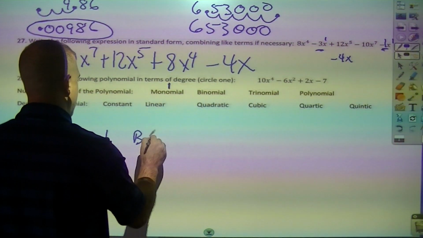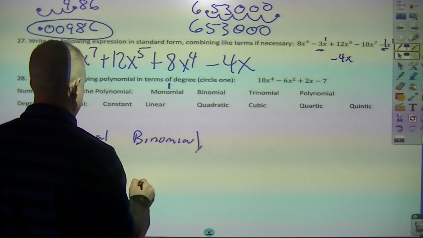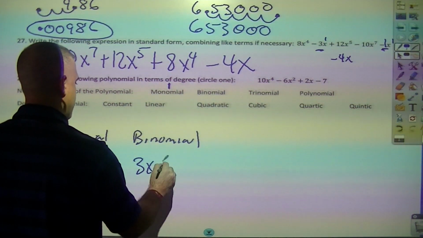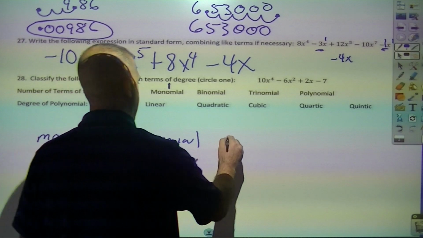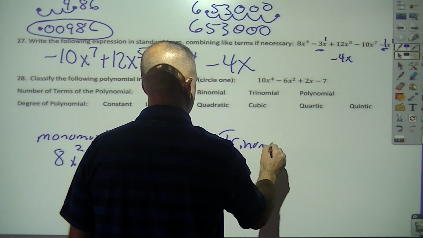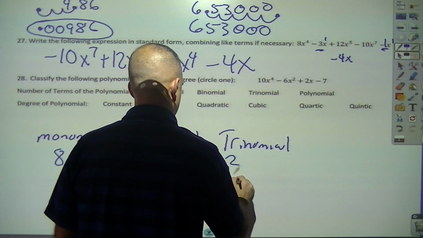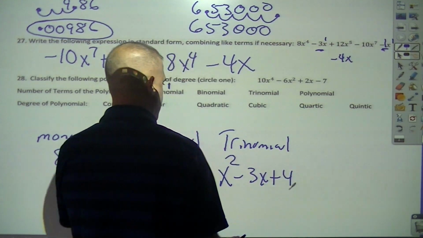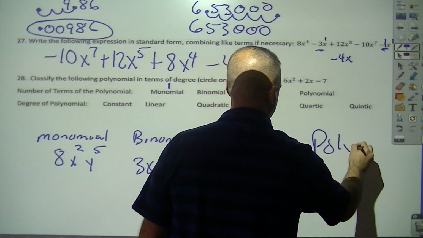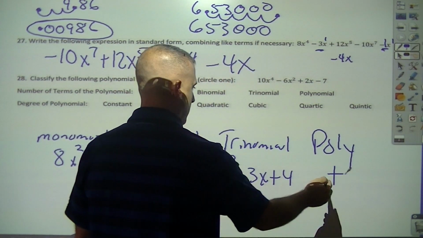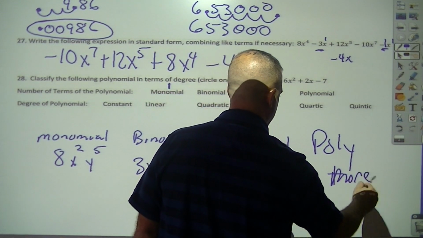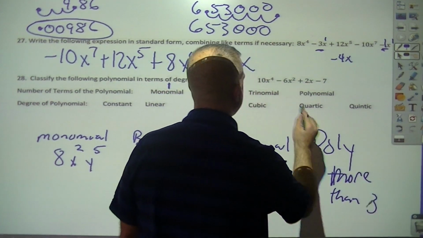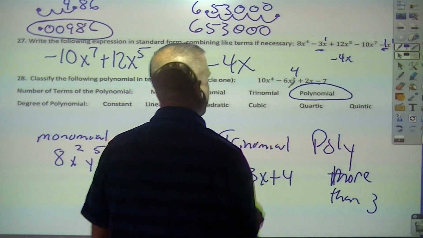A binomial is when there is an operation between those 2 terms. A trinomial means there's 3 terms, and poly just means plus. So like more than 3 terms. Okay? So in this case, I got 4 terms, so that's going to be a polynomial.